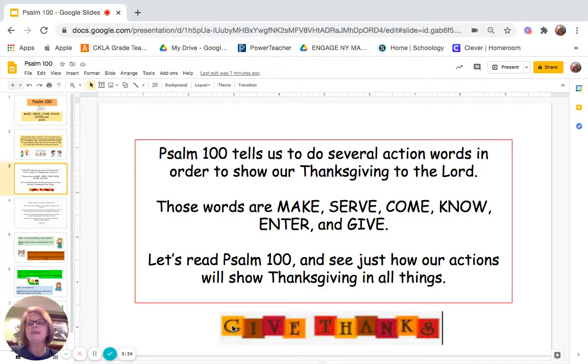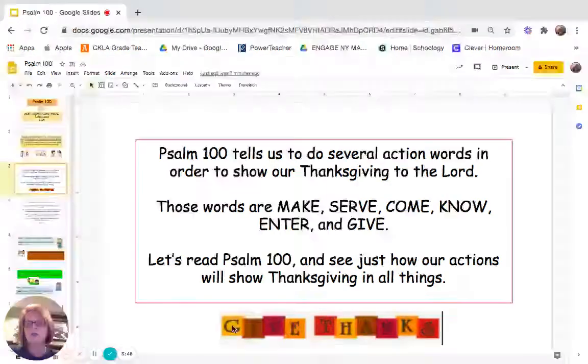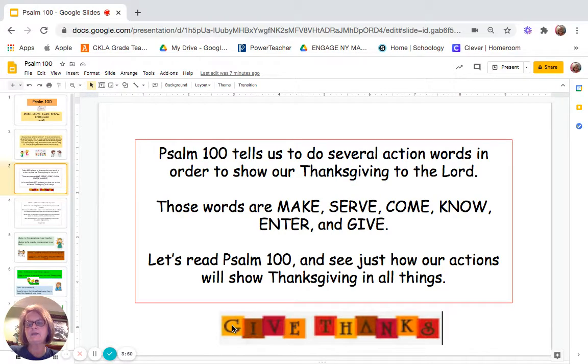But we should be thankful every day of the year, right? So let's think about trying to do these action words every day of our year. Those words are make, serve, come, know, enter, and give.